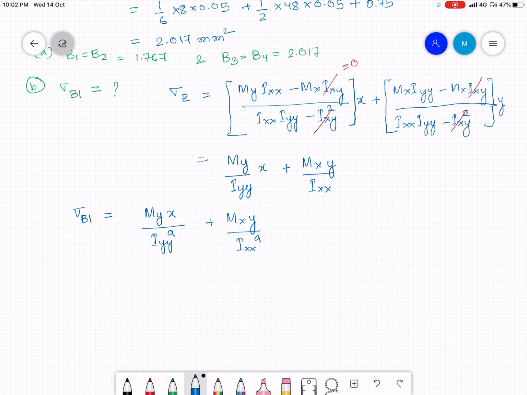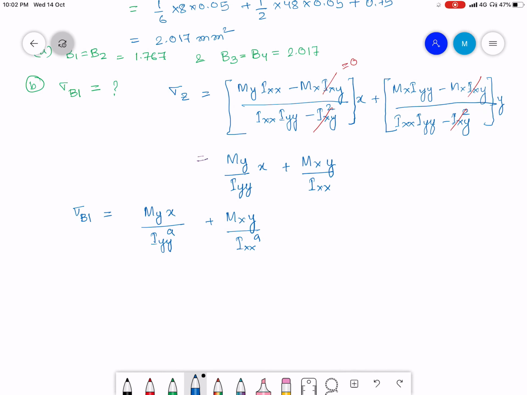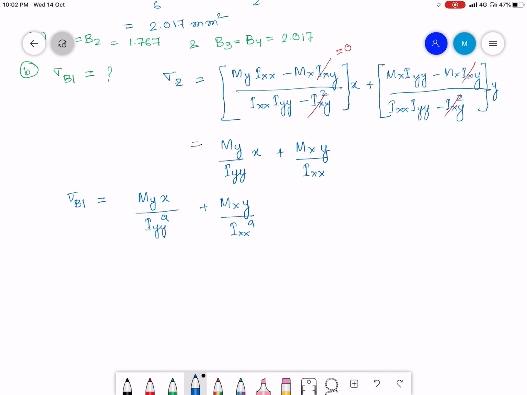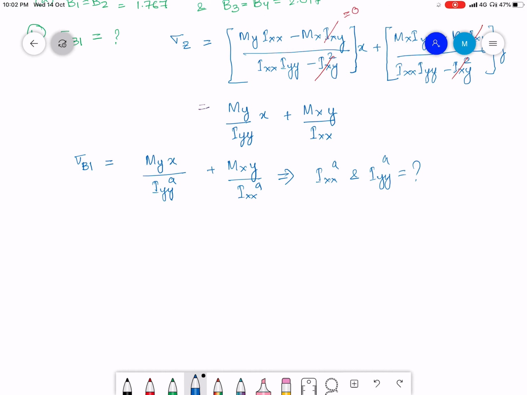Our job is to find out Ixx A and Iyy A. Before finding Ixx A and Iyy A, we need to find the centroid, the y coordinate of the centroid.